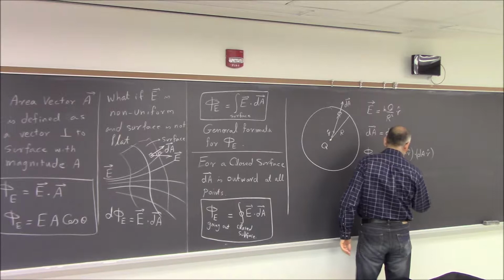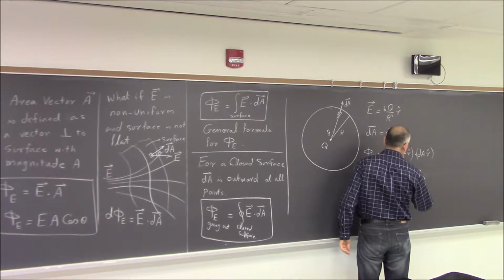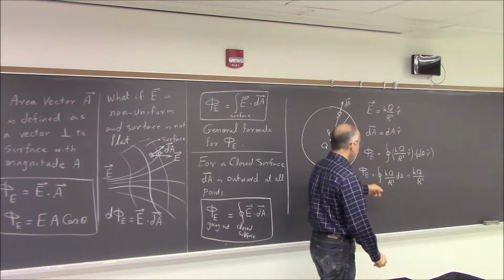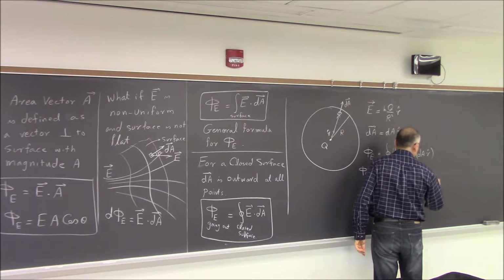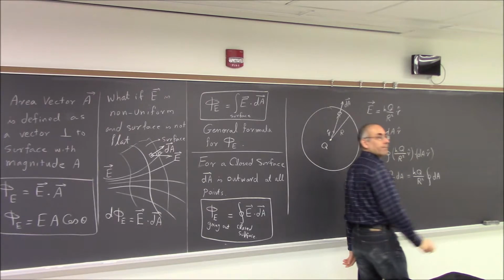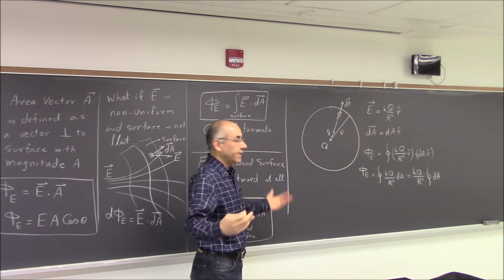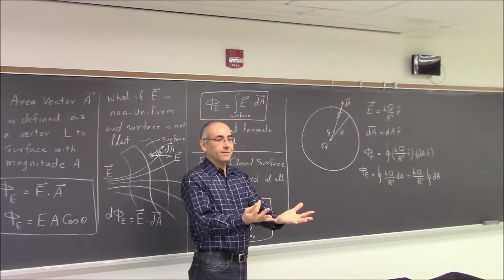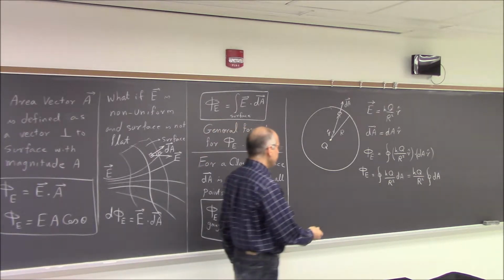So kq over r squared all come out. And then we are left with the integral of dA. What is the integral of dA? It's the total area, isn't it? What is the total area of the sphere?